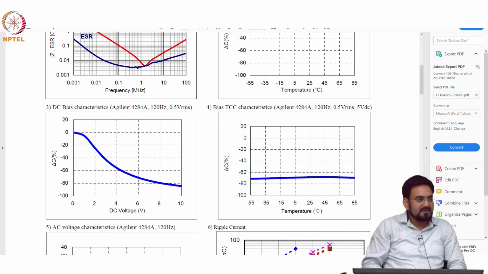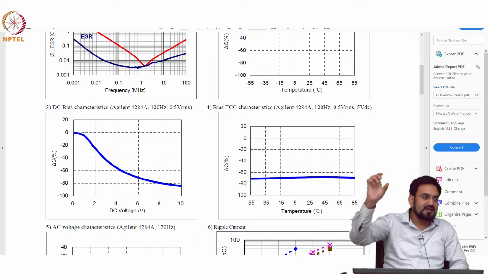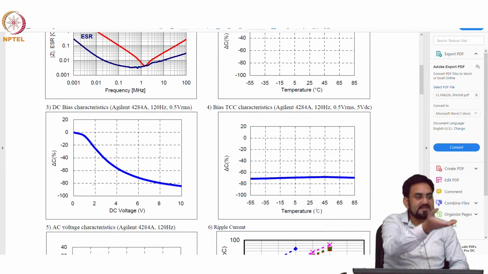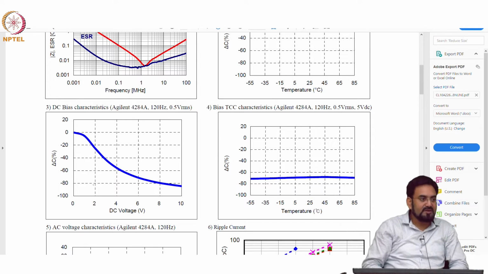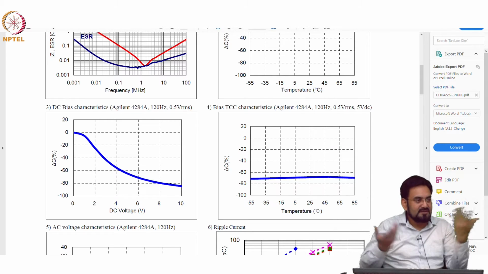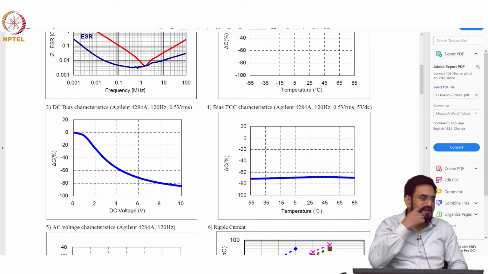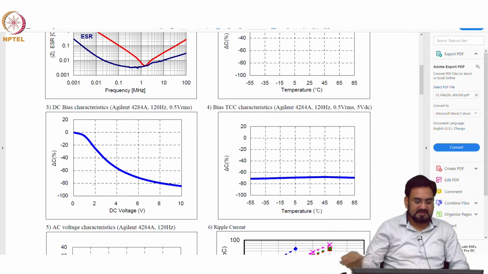Usually you put them in parallel because if you just take a single cap of 100 microfarad, the ESR will be much higher and the ESL will also be high. But when you connect them in parallel, your ESR and ESL both will be in parallel and will get divided. So, you will get a better effective cap compared to the other case.